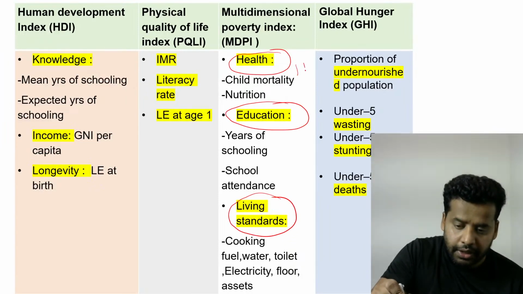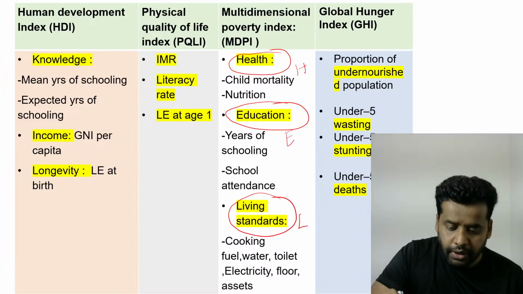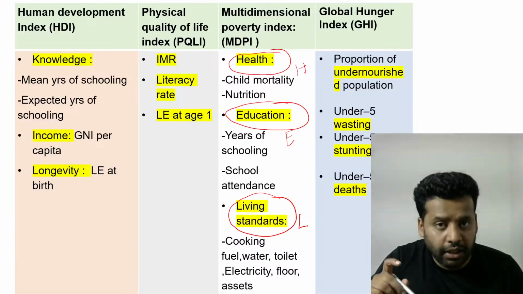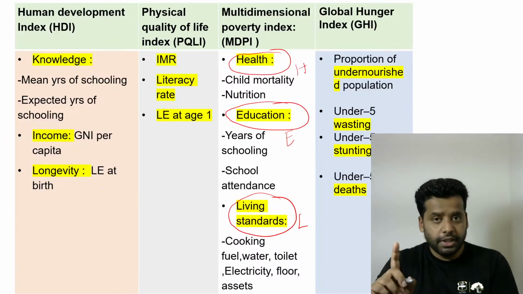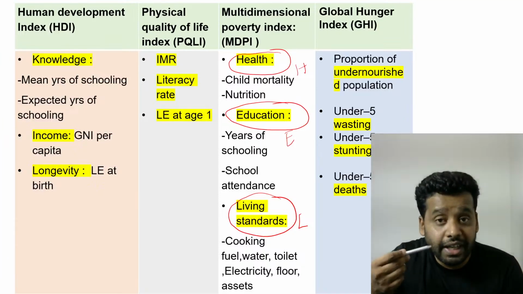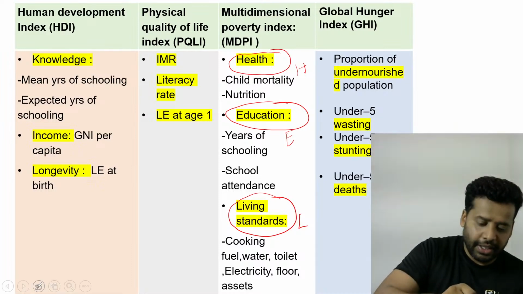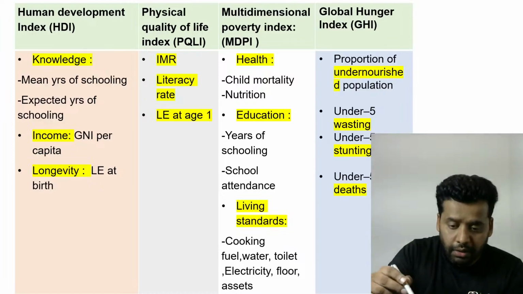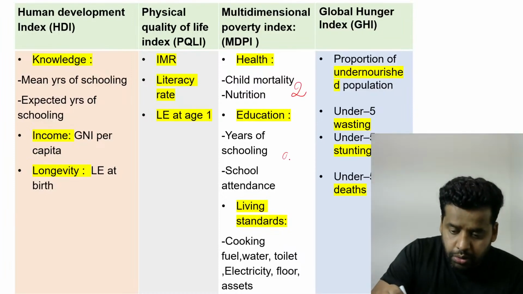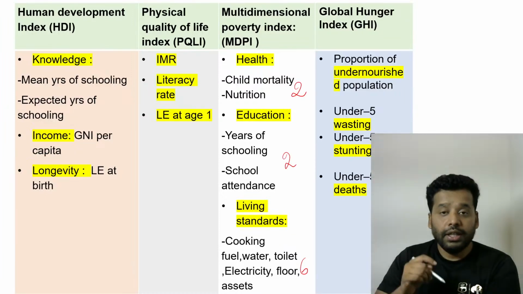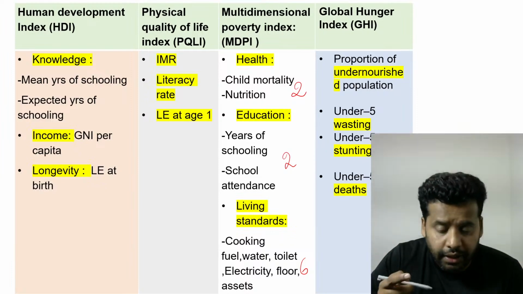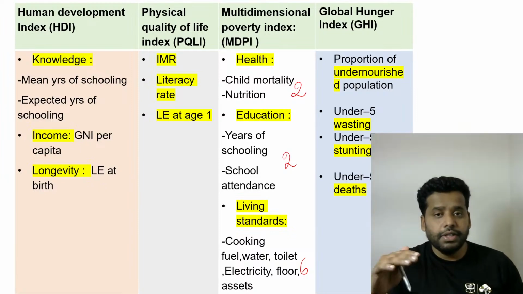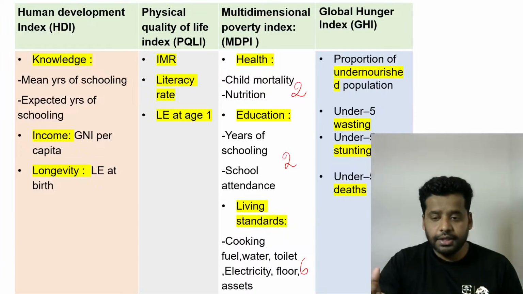Hell is the mnemonic. But if I'm asking how many indicators are there, count them once: 2, 2, 6. 3 dimensions, 10 indicators.